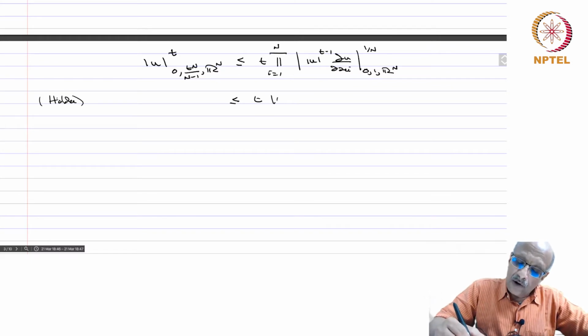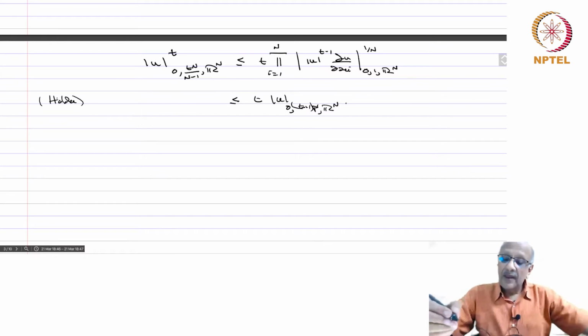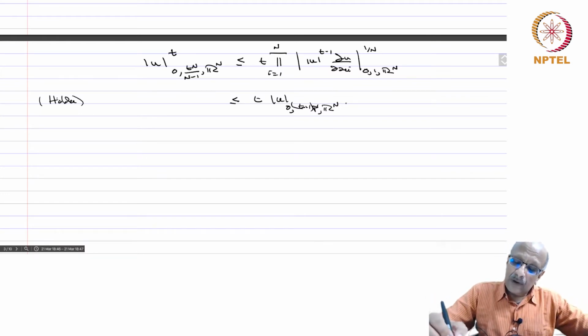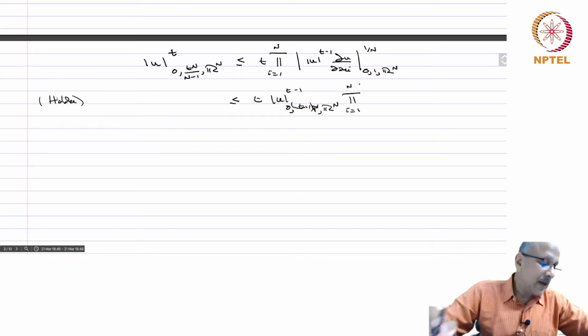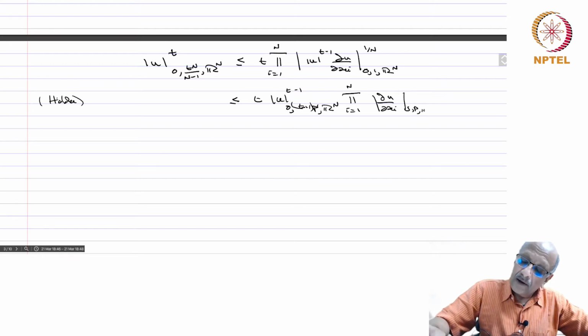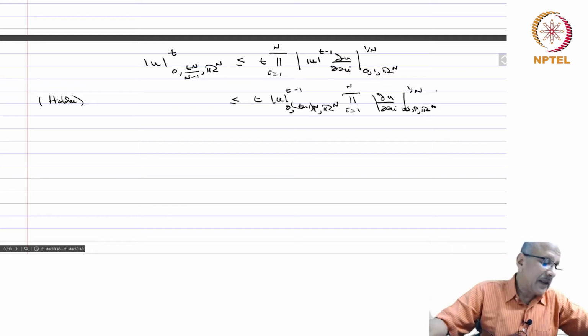So you get |u|^((t-1)p') in L^1(R^n), and then I am going to take the power of 1 by p', so there will be a t minus 1 power which is remaining on top, and then the product over i equals 1 to n of the L^p(R^n) norm of du/dx_i, the L^p norm of the derivatives, and then of course the 1 by n is still there.